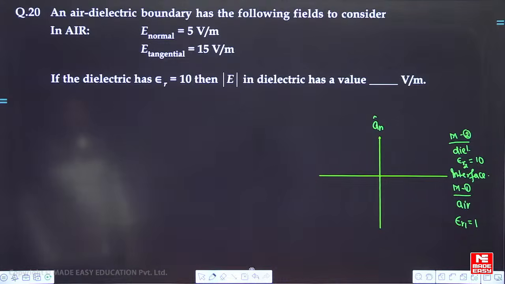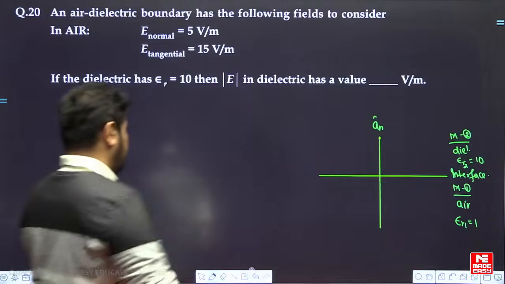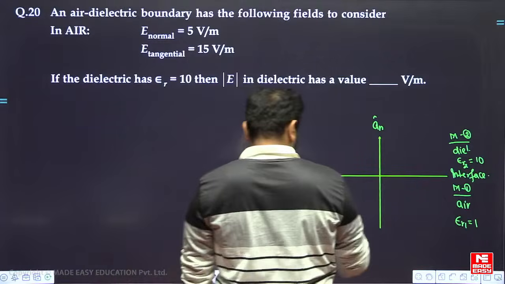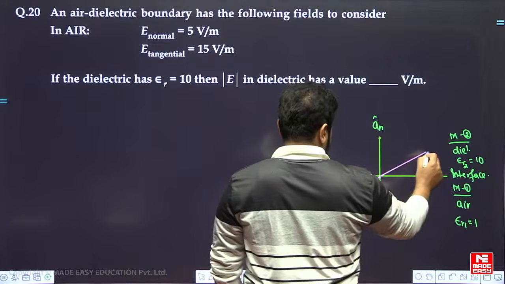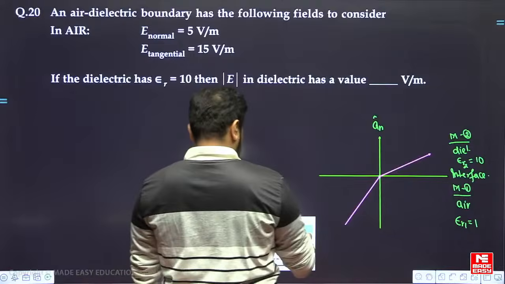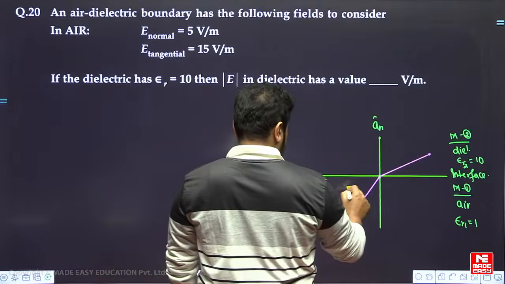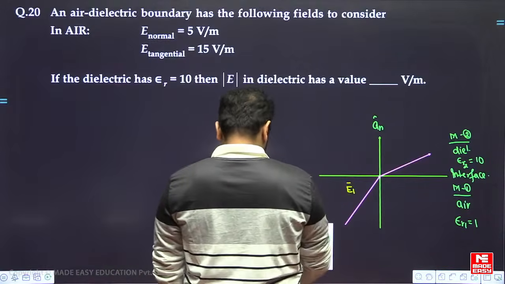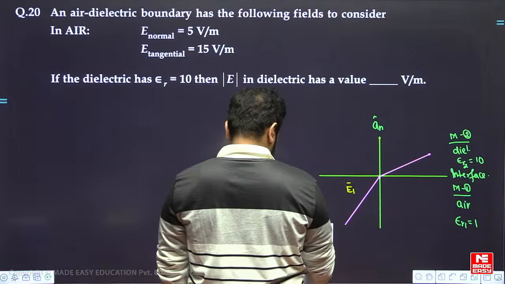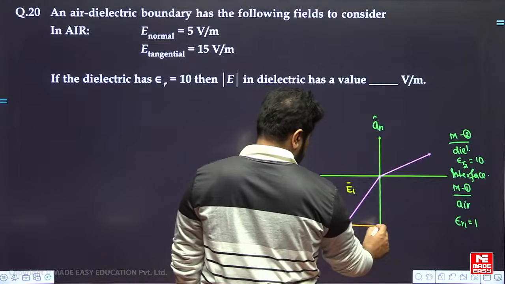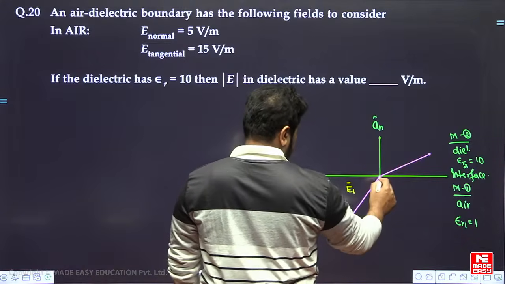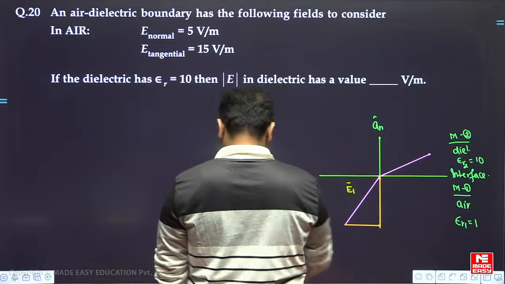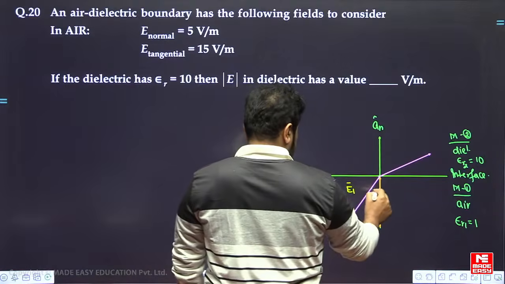In air, dielectric boundary condition has the following fields: electric field normal in air. Let us say this is the electric field going and let us say this is the electric field coming, correct. Let us say this is the E1 vector. So, it will obviously have two components, one component in this direction, another component in this direction. This angle, let us say this is theta 1.